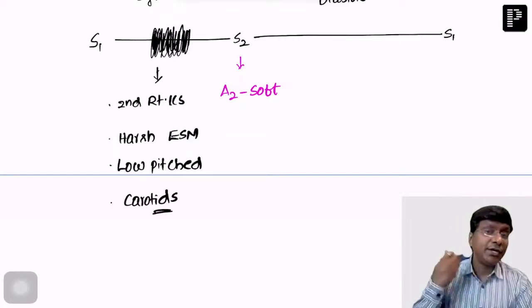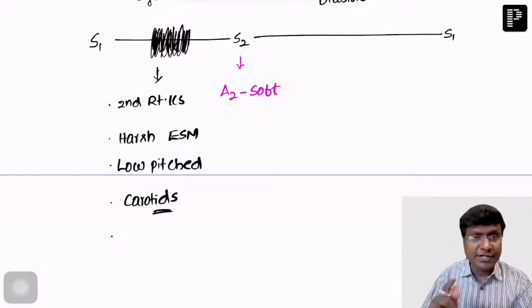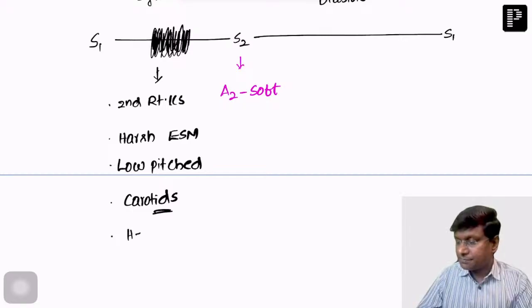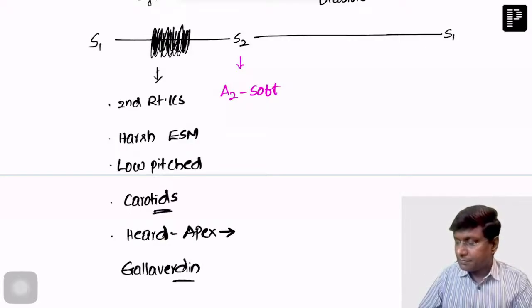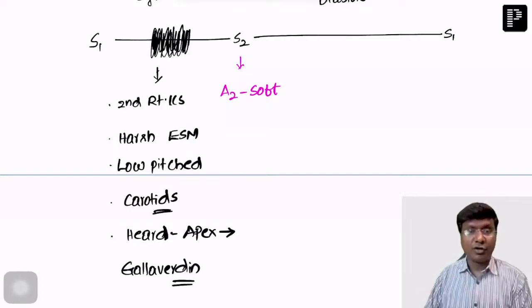The murmur of the aortic stenosis can also be heard at the apex. If the murmur of aortic stenosis is heard at the apex, it is called Gallavardin phenomenon.